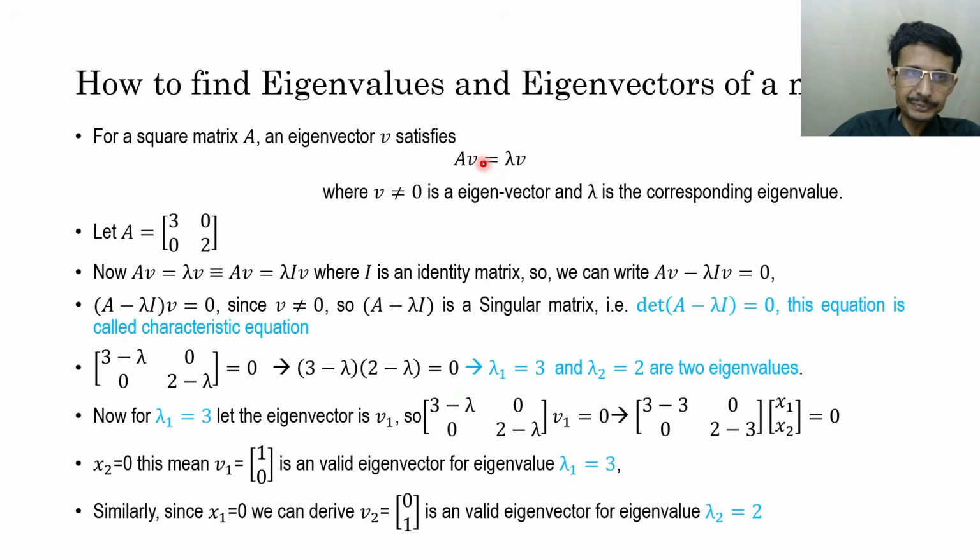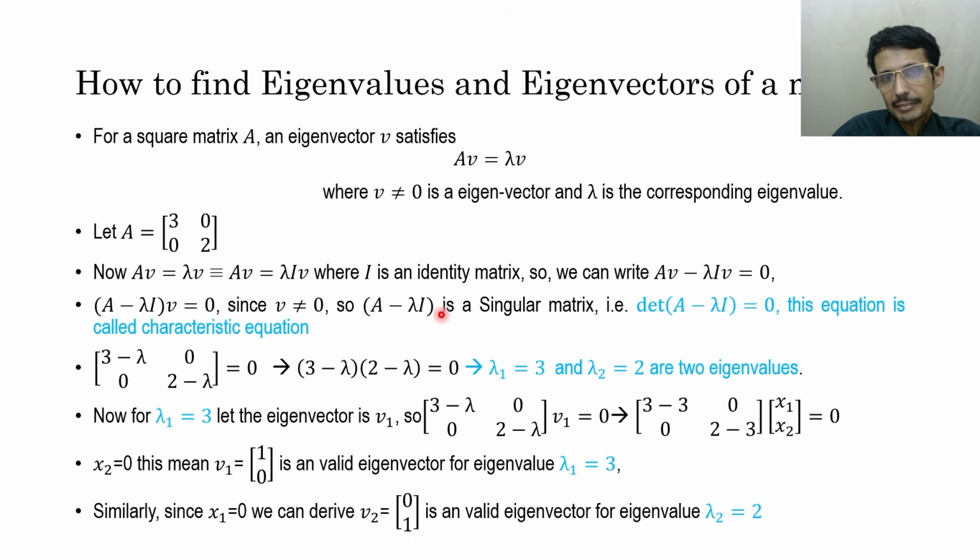Now, how do we find it? For a square matrix A, an eigenvector V satisfies A V equals lambda V, as we have seen, and since V is not equal to 0, with lambda I being the identity matrix scaled, we can write A minus lambda I times V equals 0.